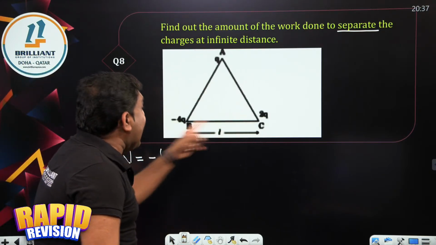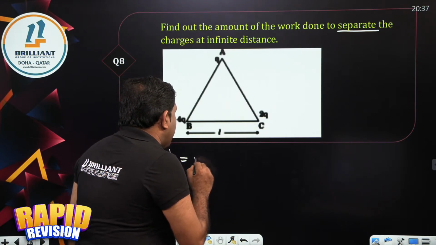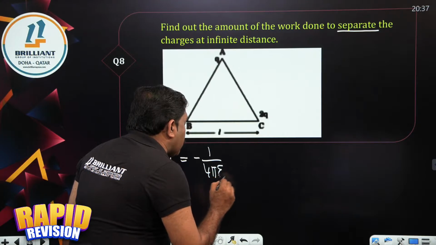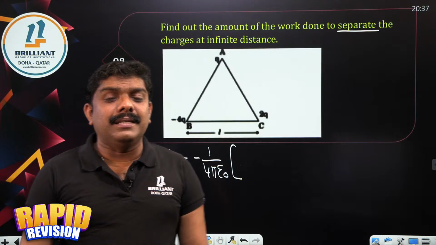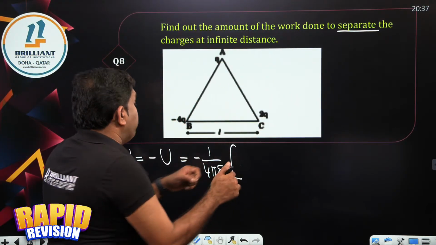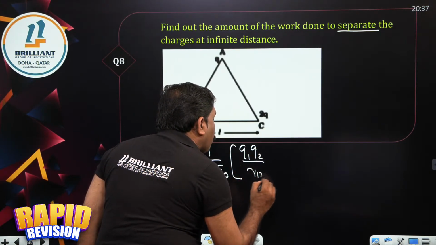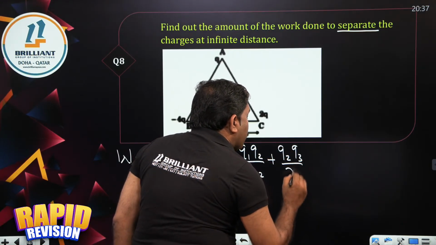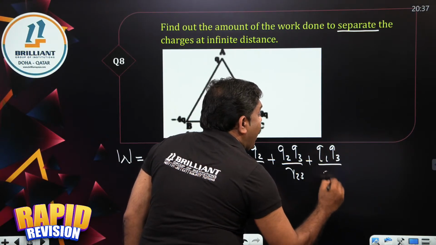So there are 3 charges. How will we find the potential energy? In the potential energy equation, the minus sign I already wrote, and 1 by 4 pi epsilon 0 I can take outside. We studied that for calculating potential energy we take all the possible pairs. So the formula is Q1 Q2 by R12 plus Q2 Q3 by R23 plus Q1 Q3 by R13.